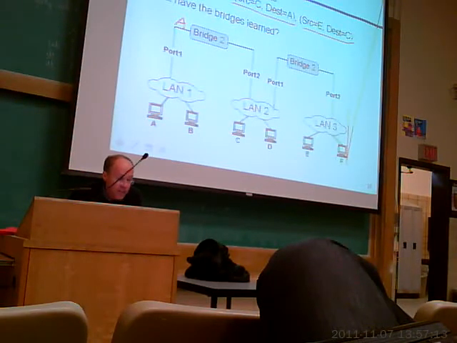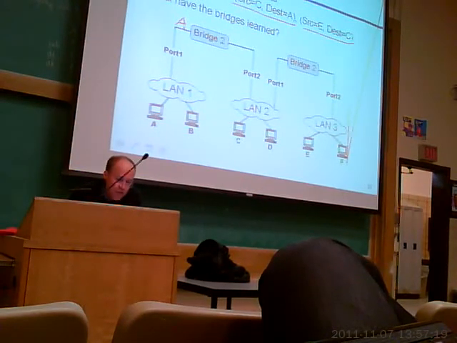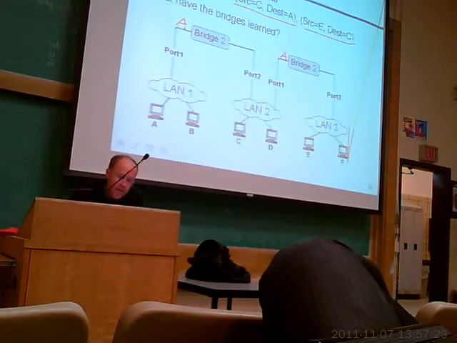It doesn't have a routing table entry for destination F, so it sends the packet out over here, then sent on LAN 2, arrives on bridge number 2, where an entry is also created for the source address of the packet. Then the packet is sent out on port number 2 and reaches F. That's the first packet.